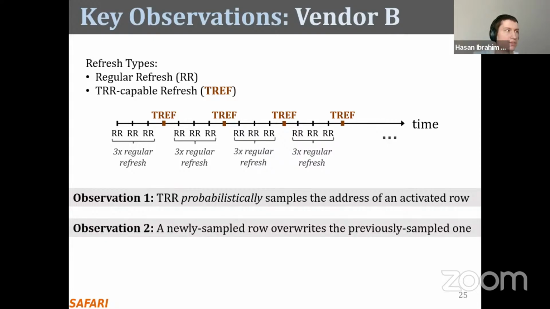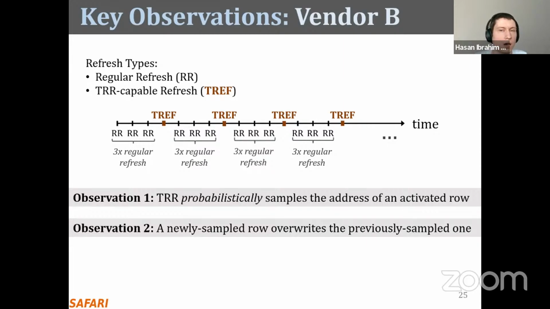So let me try to explain this in a little bit more detail. When the memory controller sends an activate command, let's say activate row 101, the TRR mechanism with some low probability samples this row and registers it as a potential aggressor row. So even if we activate that row only once, there's a chance that it will be sampled, right?